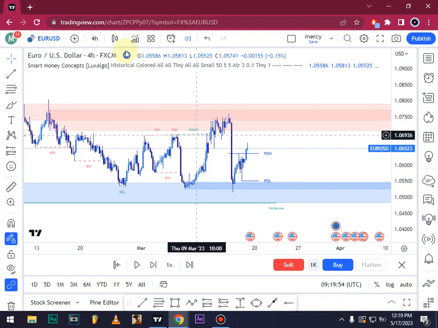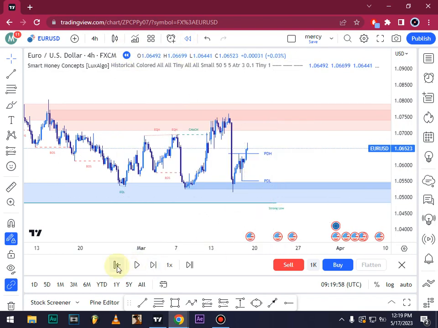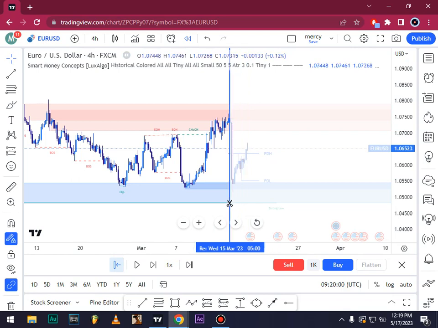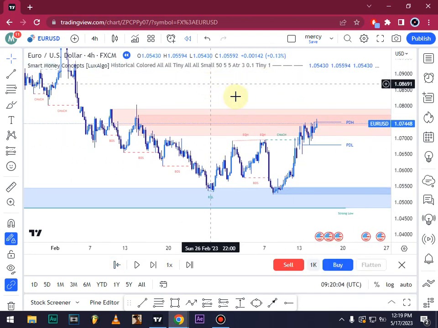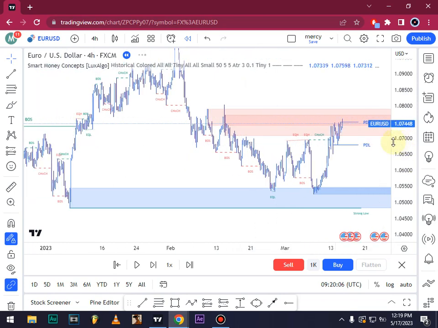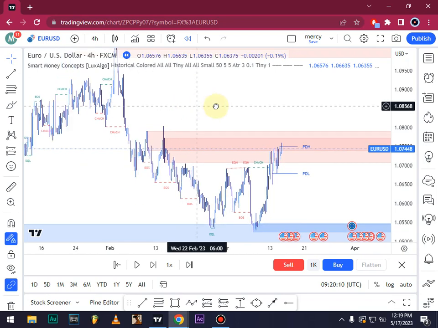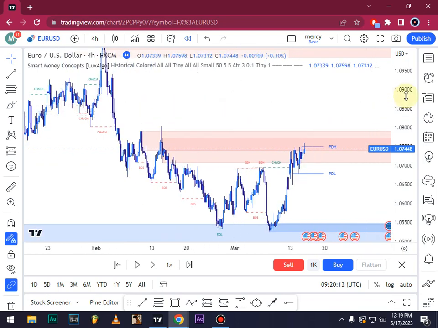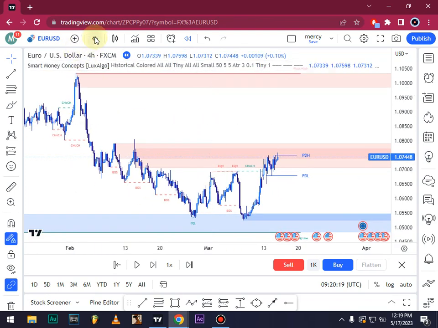Okay, this is how I do my analysis, and I don't know if this is an indicator or not. Either way, it's a smart money concept thing. So let's start the analysis, gang.